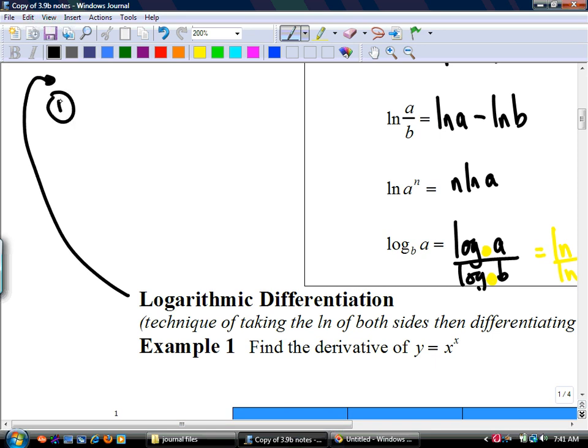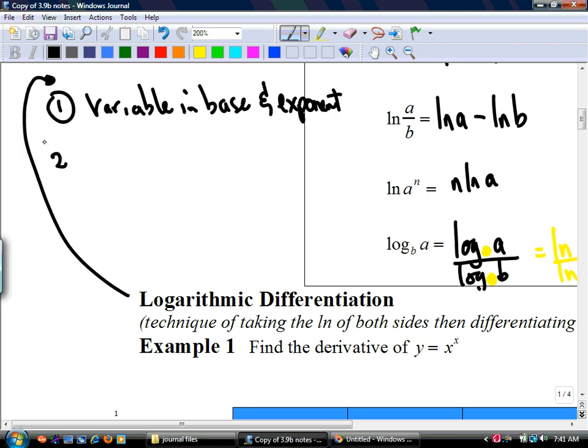Reason number 1, you have a variable in base and exponent. So if you're working on a problem that's got a variable in the base and in the exponent, you need to do logarithmic differentiation. You have to. And you're like, what's logarithmic differentiation? You'll find out in a second.